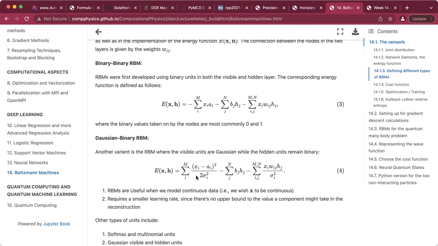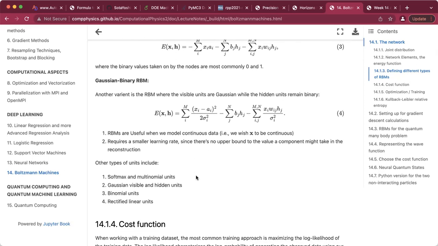And you will see that the Boltzmann machine is not going to give you a result which is much better than what you had in project number 1. But if you implement a neural network, you're going to get better results. Although in our case, the trial wave function is a function where the interaction piece is weak, which means that the single particle piece already gives us a very good reproduction of the data.